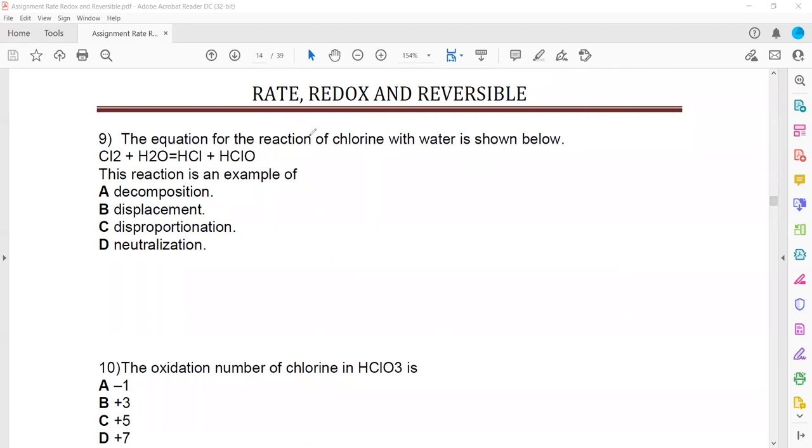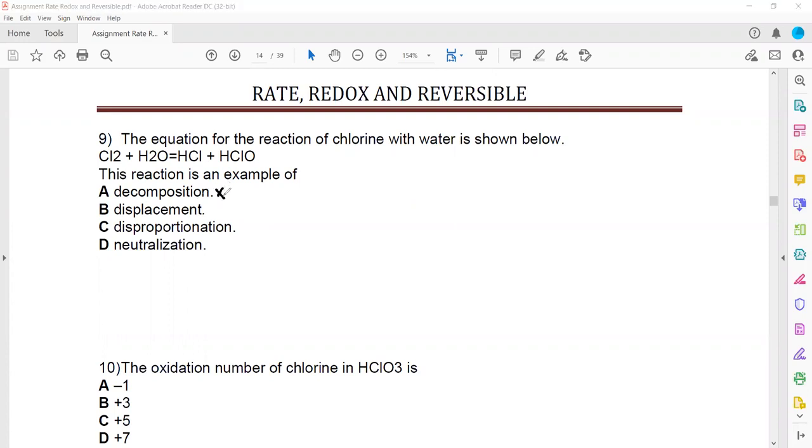This equation for a reaction of chlorine with water is shown below: Cl2 plus H2O gives HCl plus HClO. This is an example of what? Redox means oxidation and reduction, and it cannot be decomposition. Why?